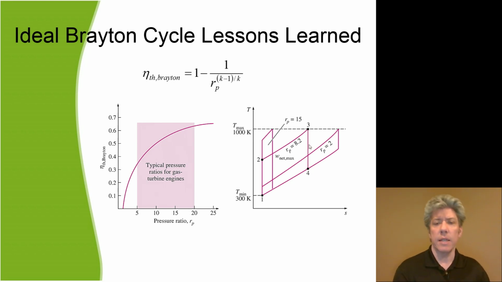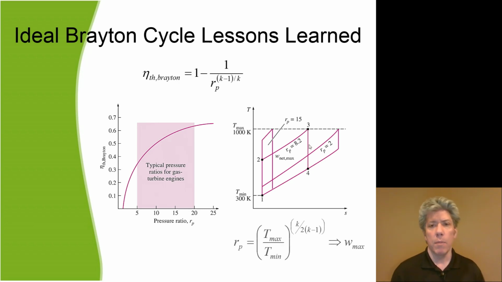So, as I said, a lot of times what we care about is not so much the thermal efficiency of this sort of engine, but maximizing the work output given the temperature limits that are just reality. And so in order to maximize that work output, how do we calculate the sweet spot? How did it come out to 8.2? You know, that seems very arbitrary. So how do you come up with that?